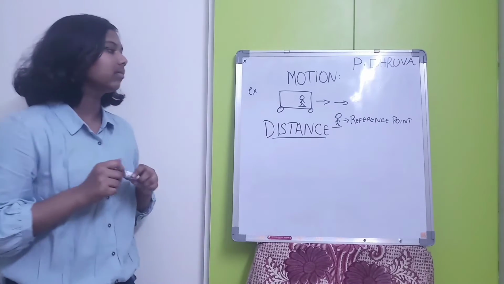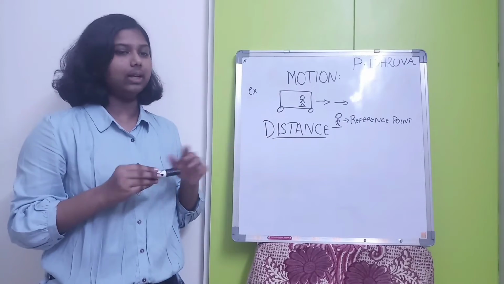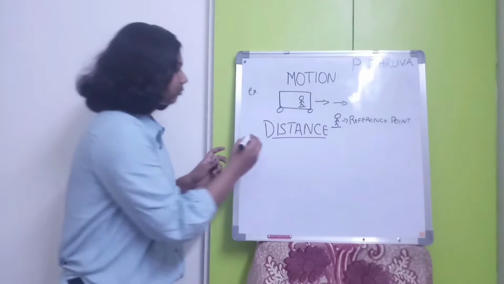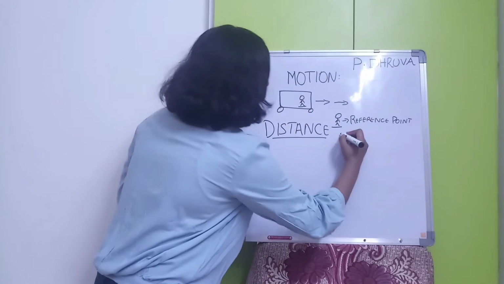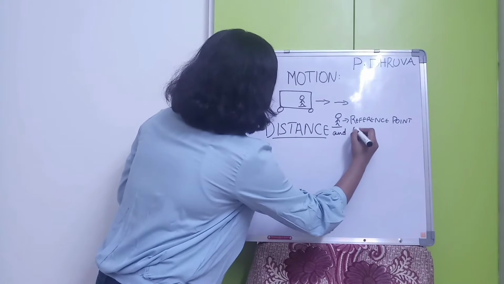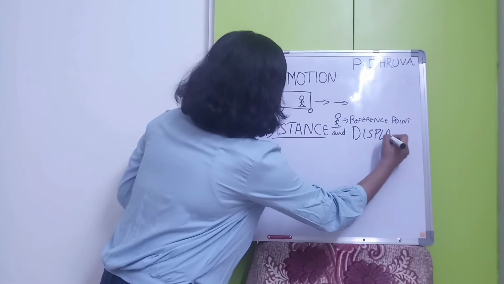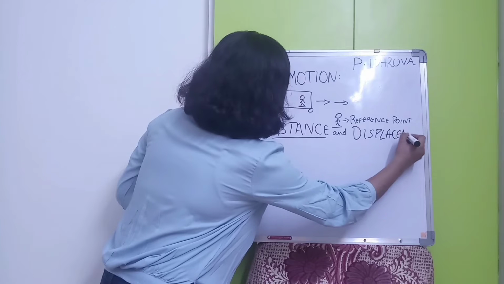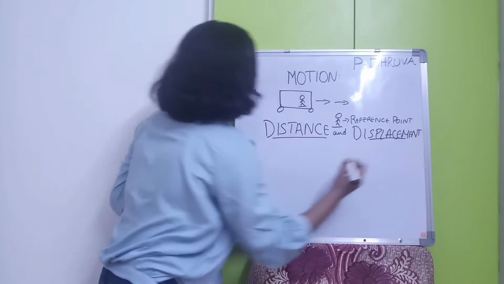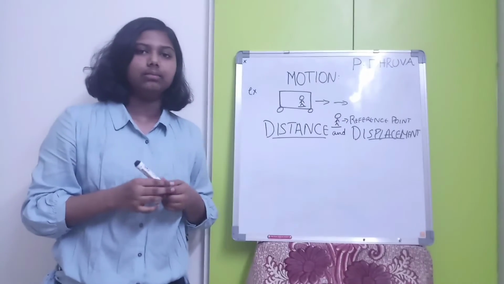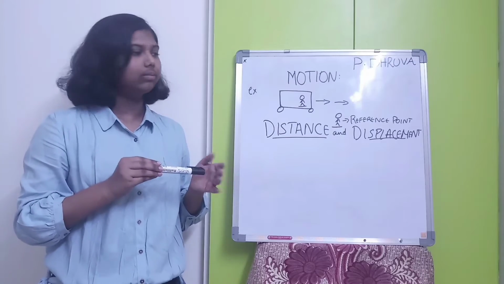Distance is the space between two things, dots, lines or etc. After this it is displacement. So displacement is the shortest distance from the initial point to the end point.